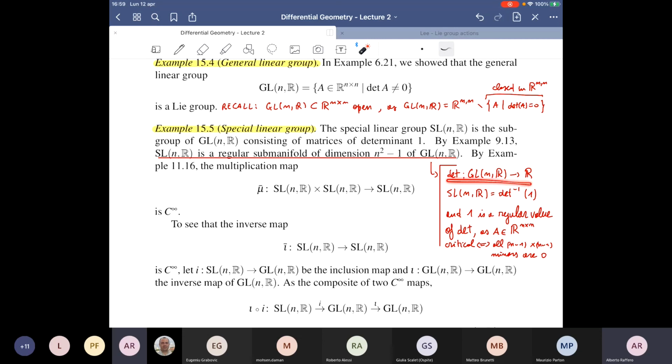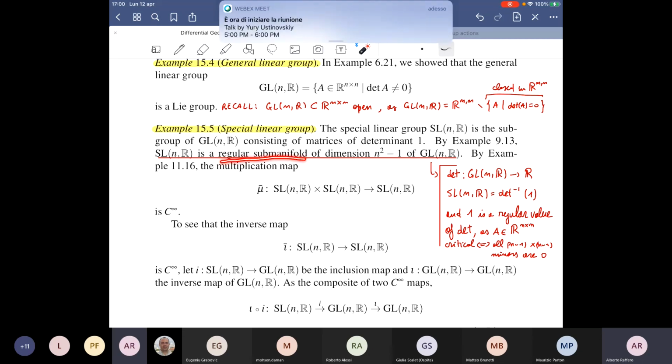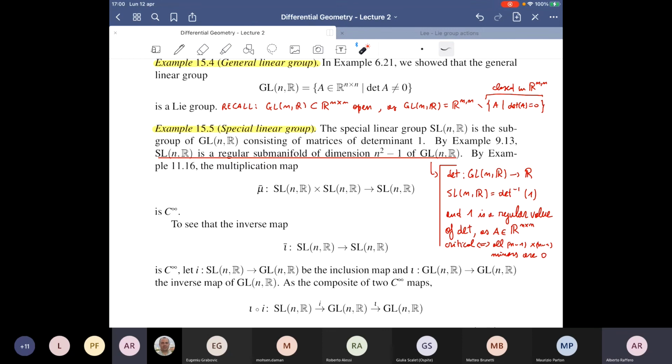via this determinant map. And you want to show that it is a regular submanifold, and what you do is show that 1 is a regular value. This means that every matrix in the pre-image of 1 via this determinant map is such that the differential of the determinant map at that matrix is surjective.